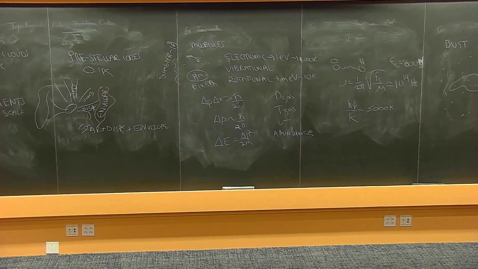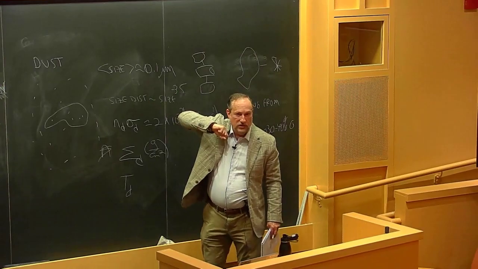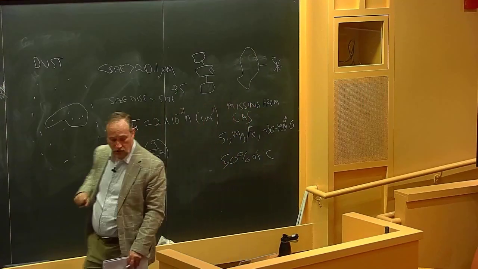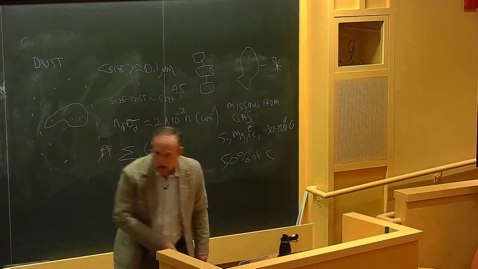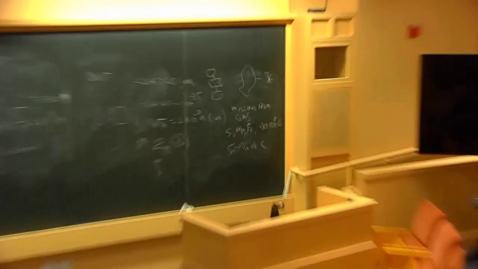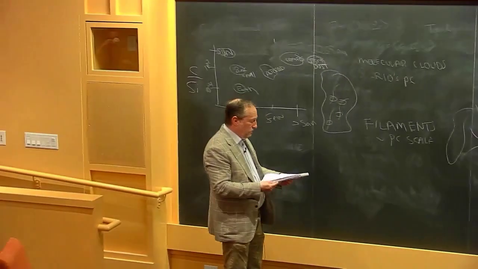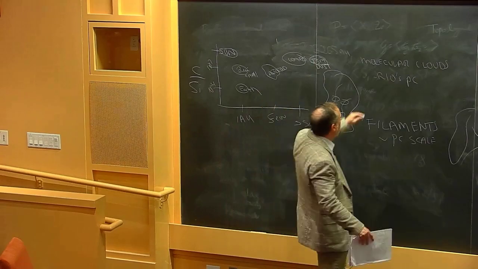So I can equate the dust quantities to what's going on with the gas. Okay? So now we can go back here and start filling in what's going on in terms of actual numbers. And I'll just riff for the moment.